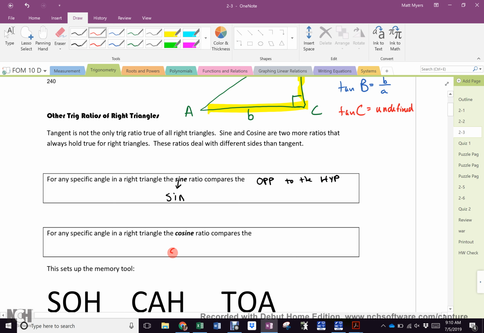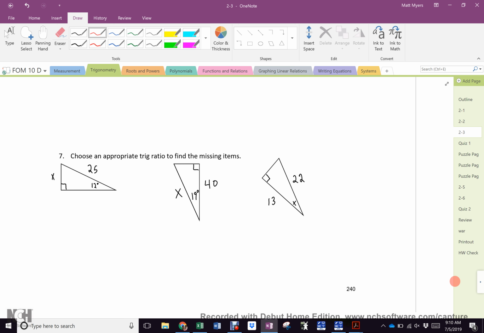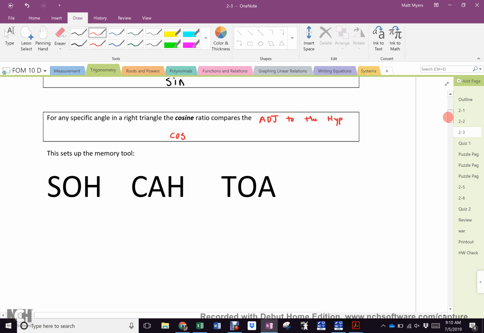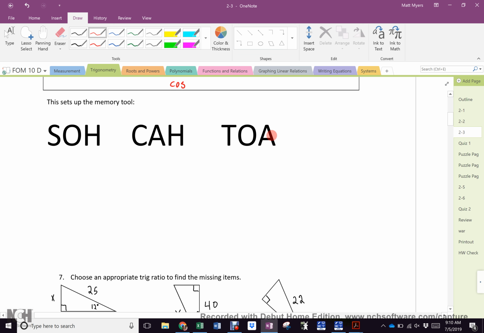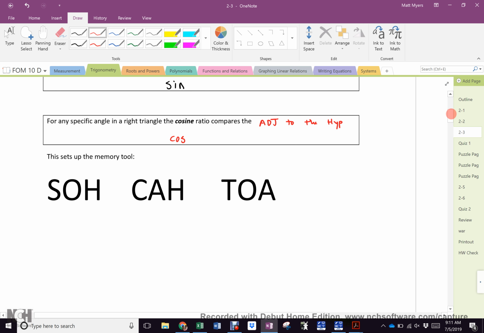The cosine ratio, which is COS, compares the adjacent to the hypotenuse, which gives us this fake word, SOHCAHTOA, which doesn't mean anything, except to remind you: sine, opposite, hypotenuse.